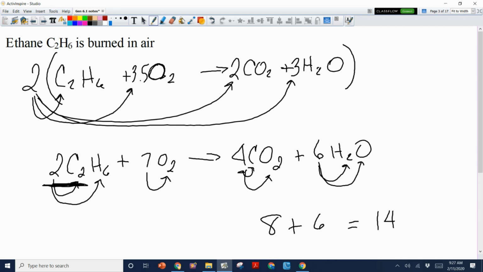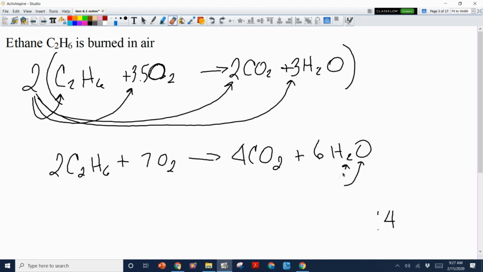All right, so there's your balanced equation. So that's the little half trick, the half oxygen trick, and then go back and multiply everything by 2 to get that whole number.